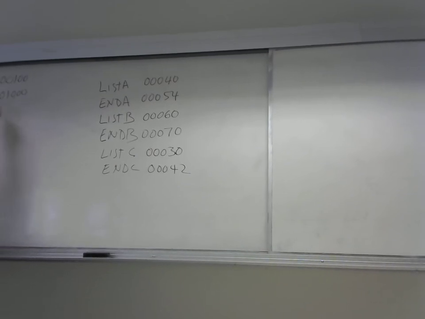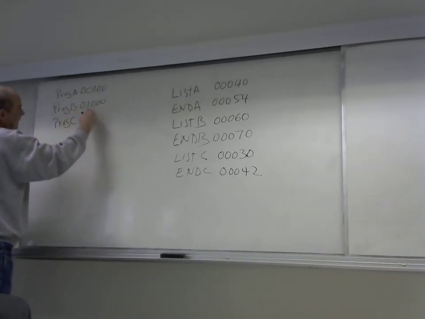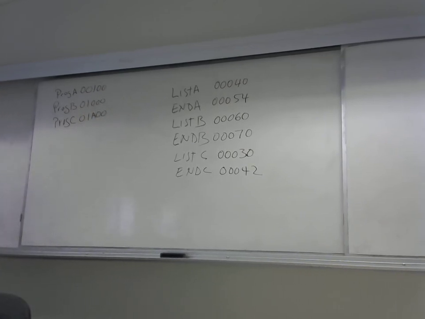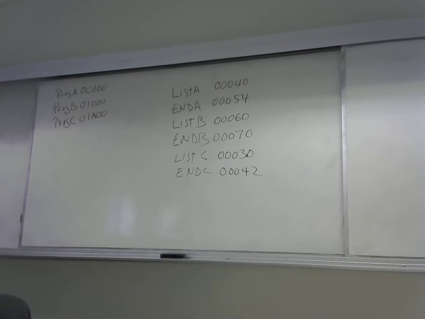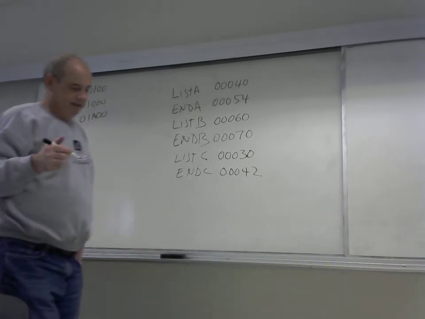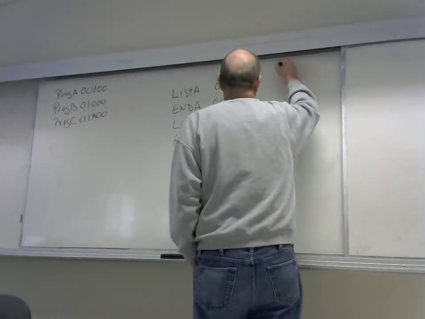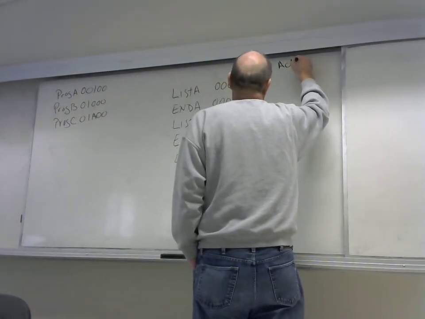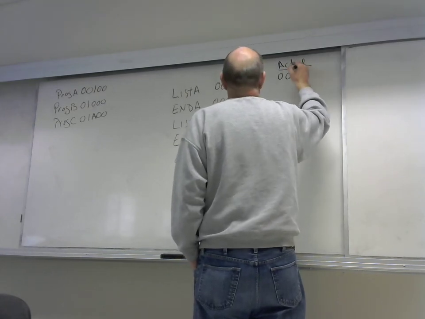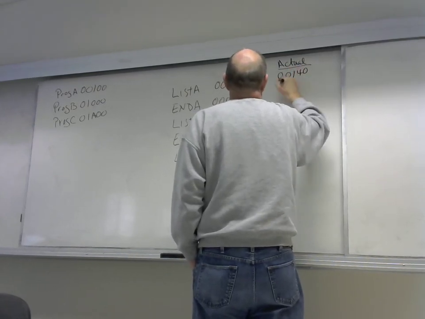And prog C, okay, there, made up some load points. Okay, what are the actual addresses now? List A becomes, so actual, at load time, 00140.